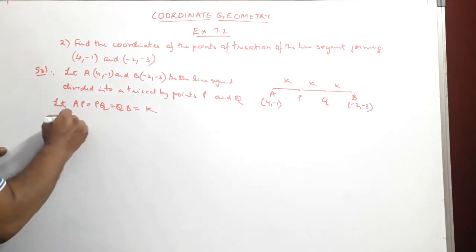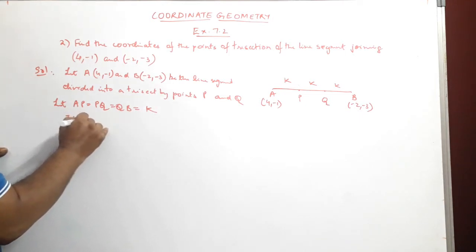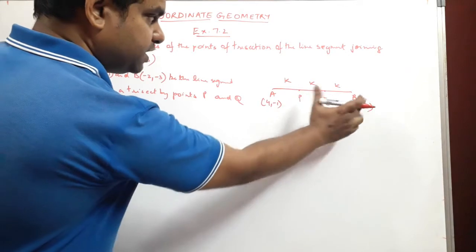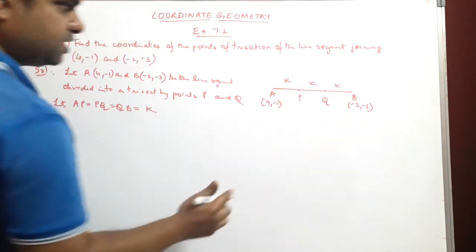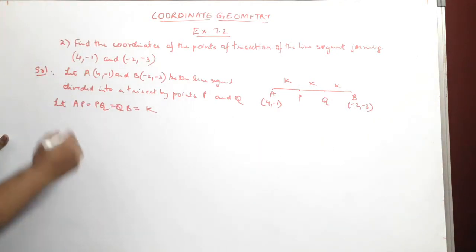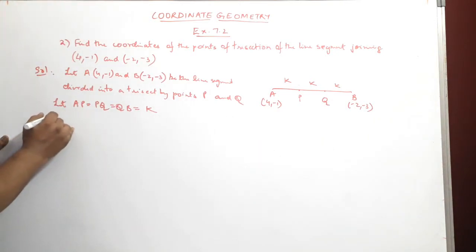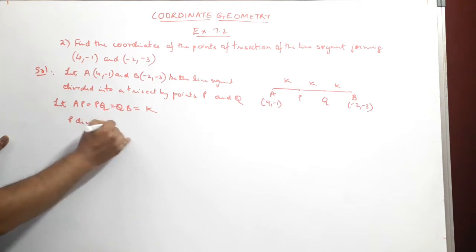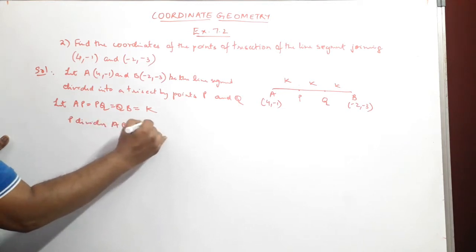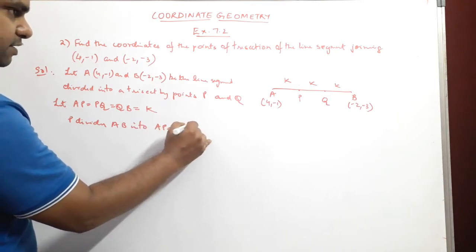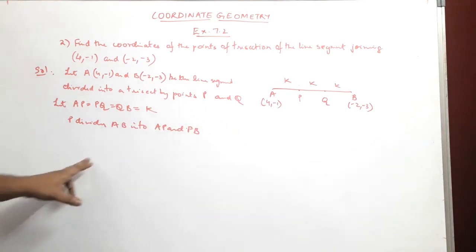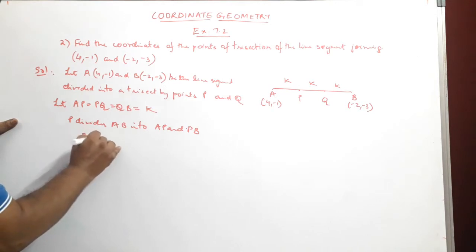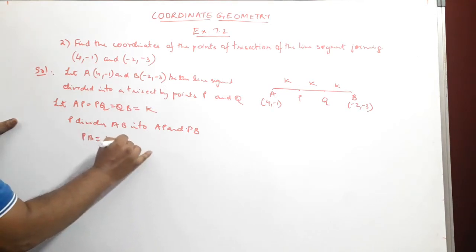For point P: if P divides AB, then it has to be AP and PB together. So P divides AB into AP and PB, and now we need to find in what ratio. PB is equal to PQ plus QB.